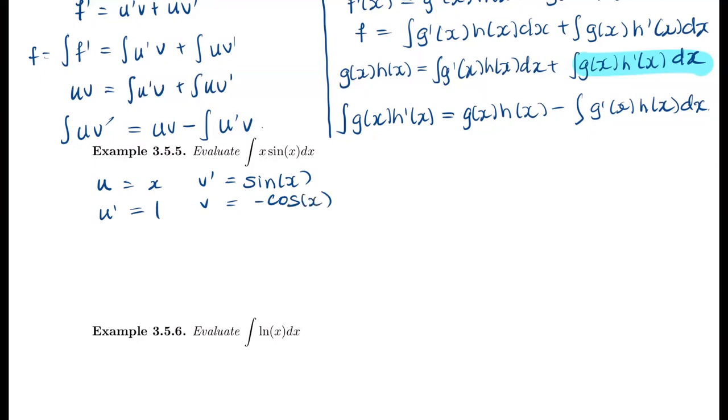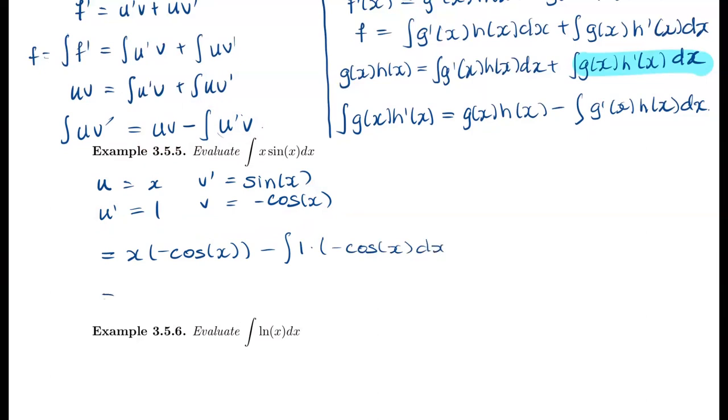So once we put it into the integration by parts formula, the u here would just be the x, and we multiply by the negative cos of x, and then we subtract the integral of u prime, which is going to be 1, multiplied by the v, which is negative cos of x, dx.